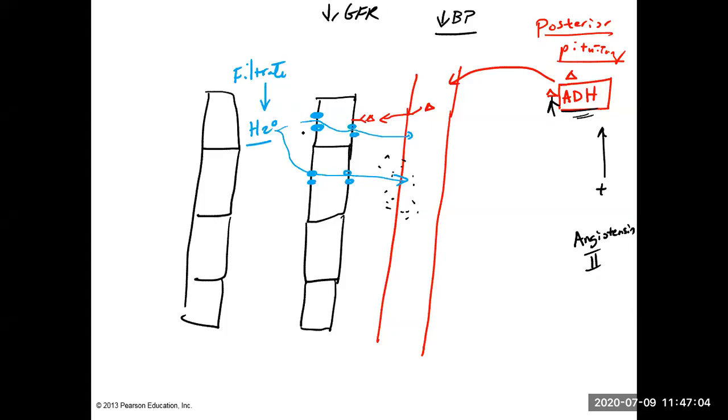And as a result of that, more of these channels, and as a result of that, more water gets reabsorbed into the blood right here. So when the water goes in here, obviously the volume goes up, obviously the pressure goes up, and the GFR eventually will go up. That's how it works.